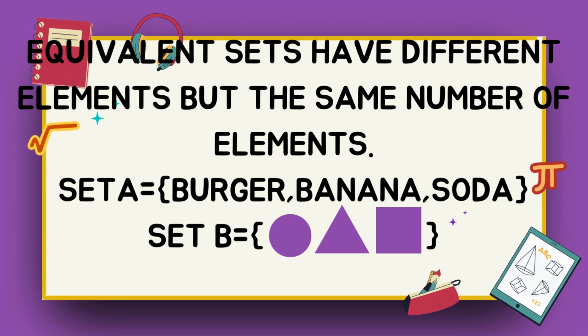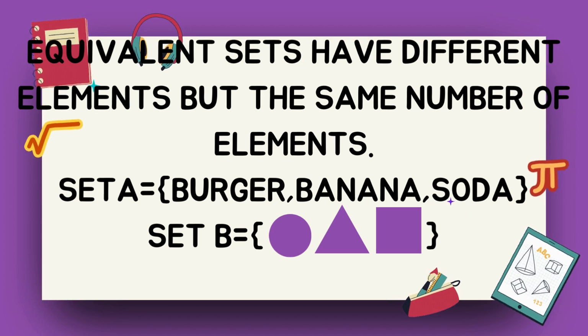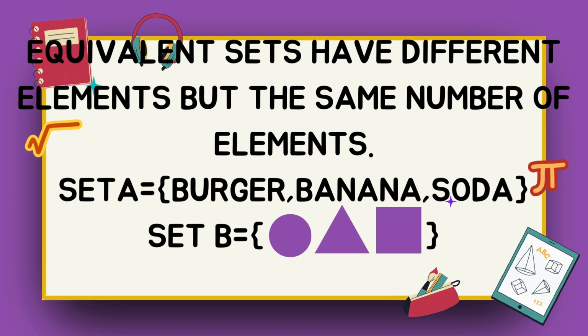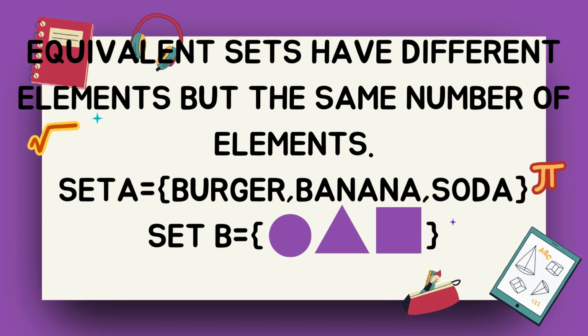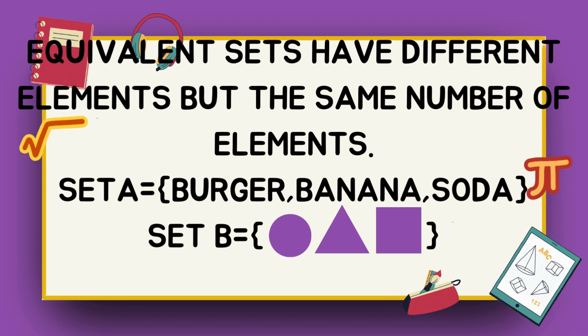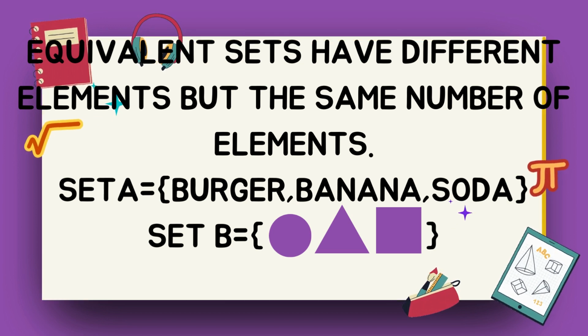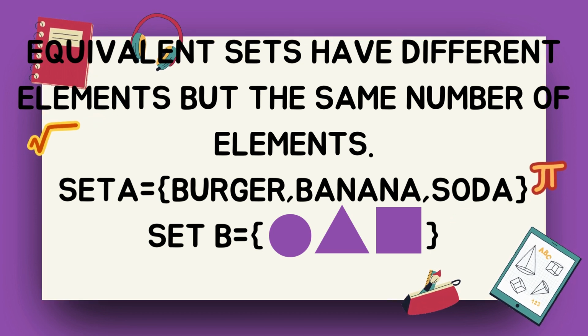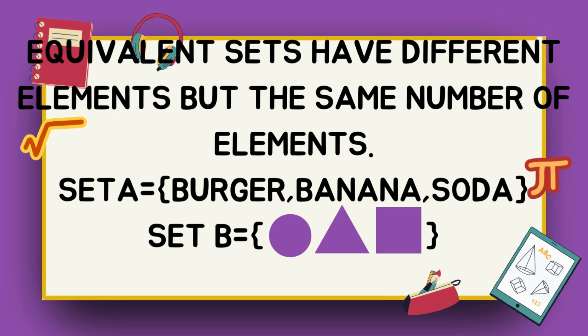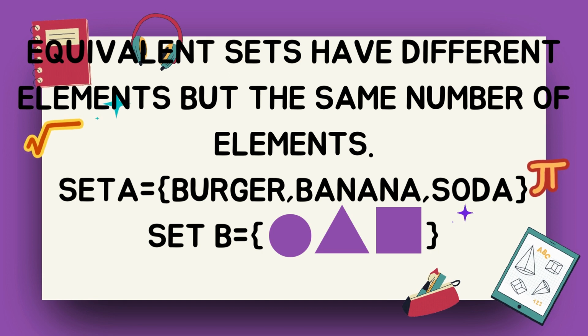So set A and B are equivalent, hence we can identify the difference between equivalent and equal set. So equal sets have the same elements while equivalent sets have the same number of elements.